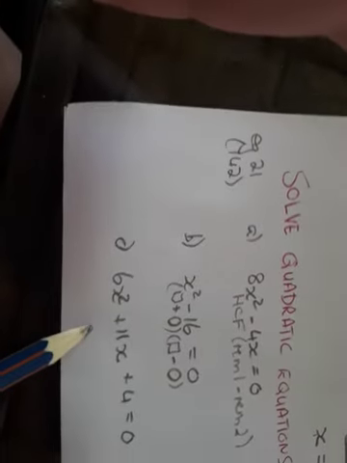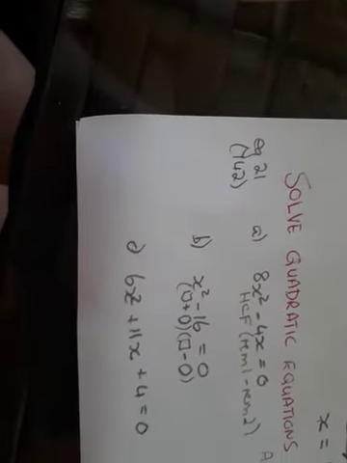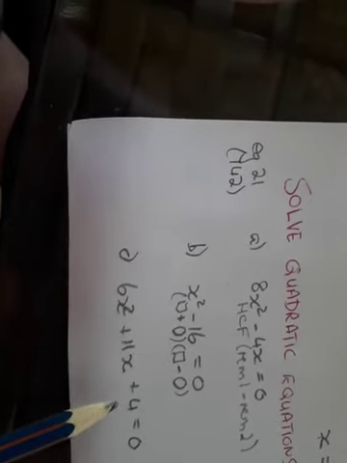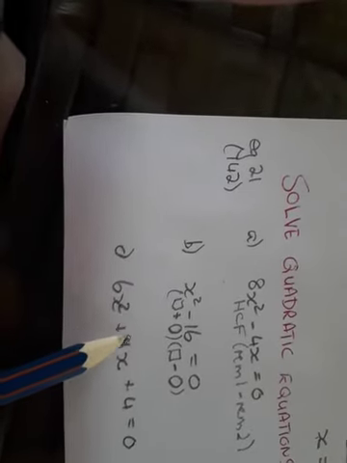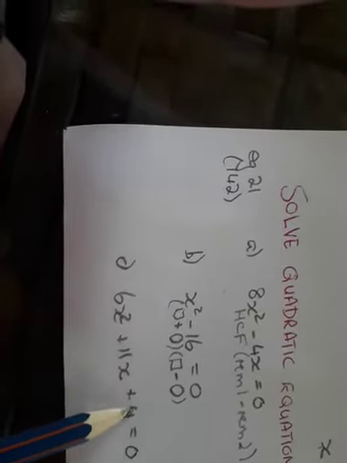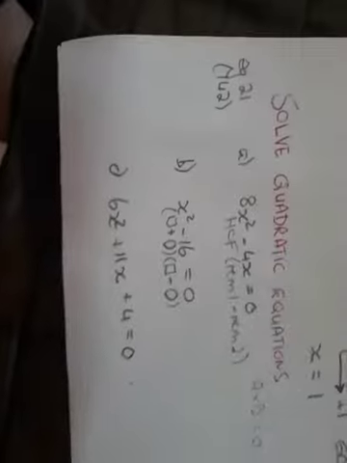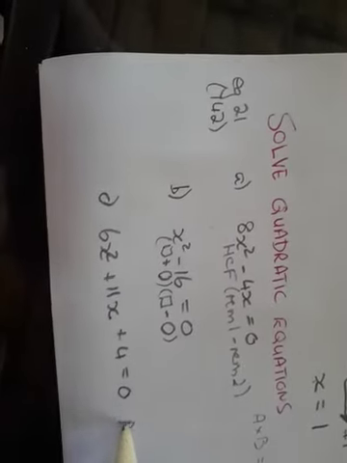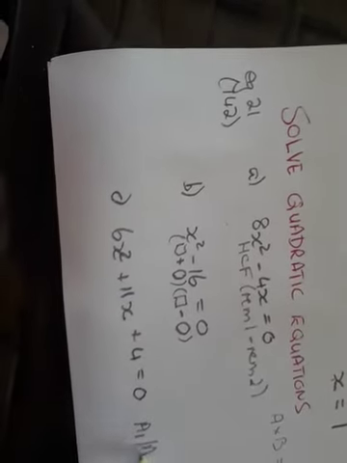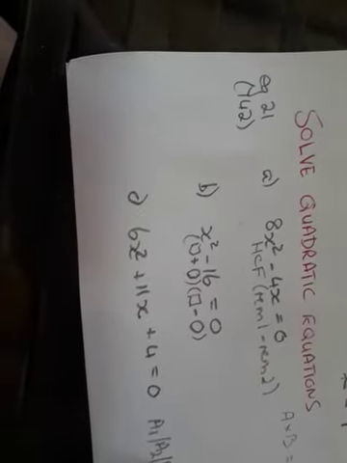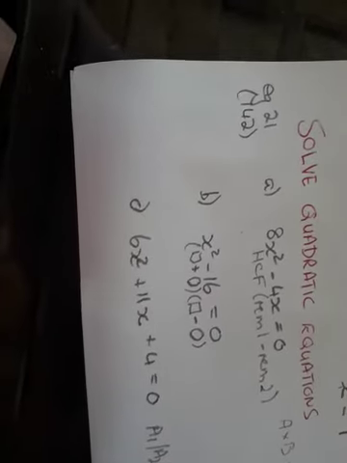And if you look at example 3, then you will see that this is a quadratic equation, ax squared plus bx plus c, which means we are going to use either method A1, A2, B1, B2.